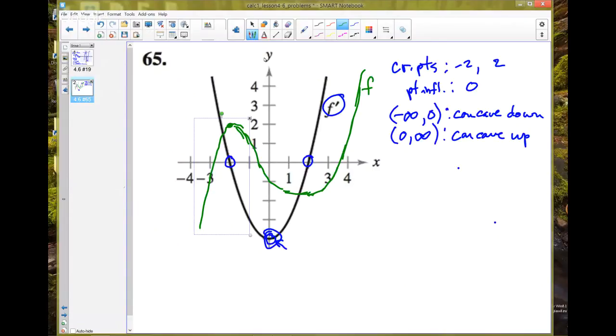So now, what should we do? Red. Let's do f double prime. All right. Now, f double prime is the slope of the given original black f prime one. Well, we know right here the slope at this point down in the bottom here is 0. So at x equals 0, I know that the slope is 0.